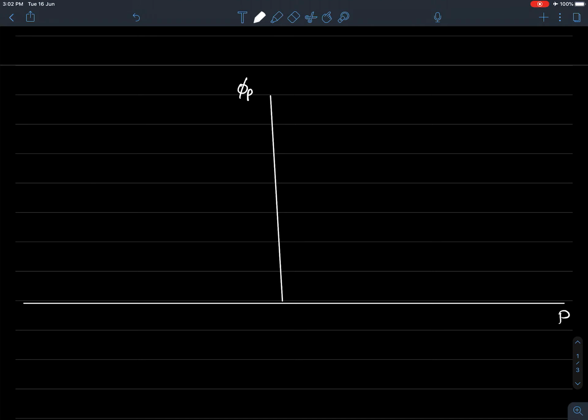Let me choose, so let's say this is 0.5, and so this becomes 1. Let me also choose the x-axis, so let's say we have 1, 2, 3.